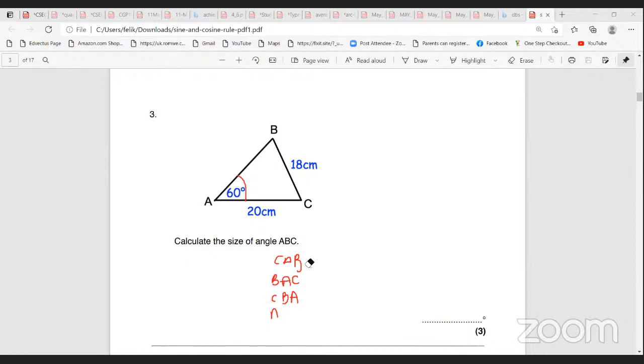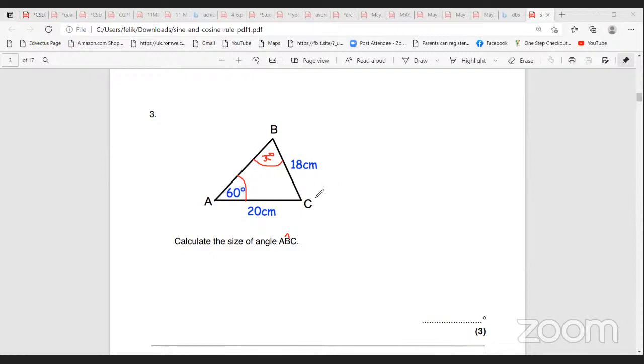The letter in the middle. Sometimes they will say, find angle B, but other times they would put it like this, and you know that the letter in the middle is the angle we're trying to find. So angle B.